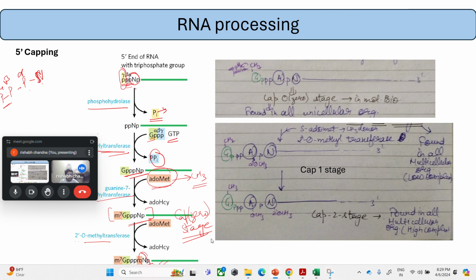Now what happens, the second methyl group is added to the next base, that is the cap stage 1.